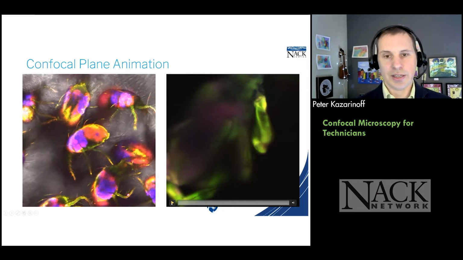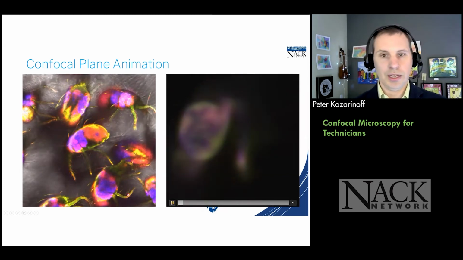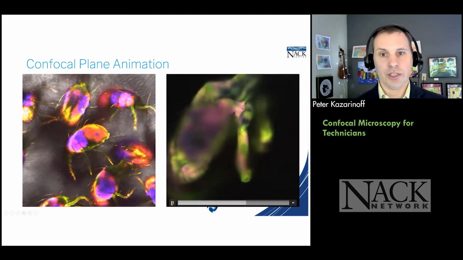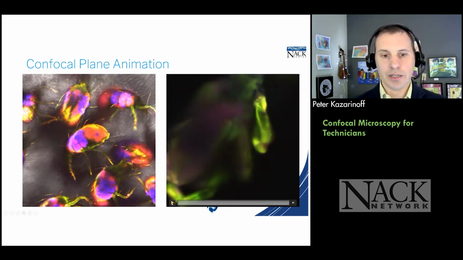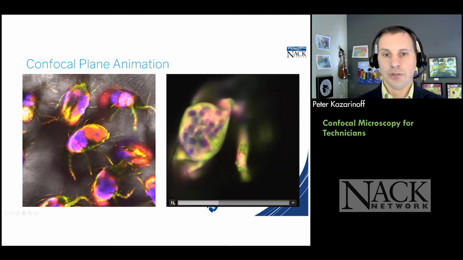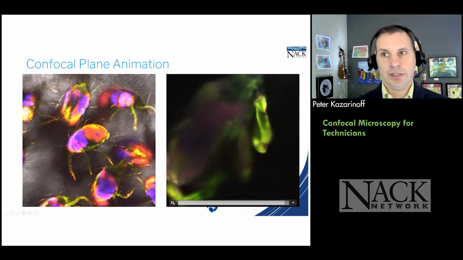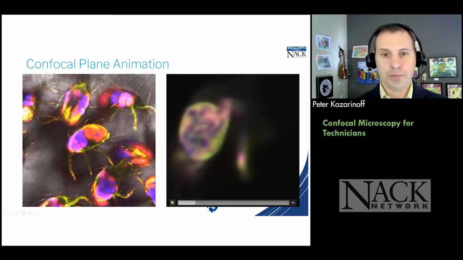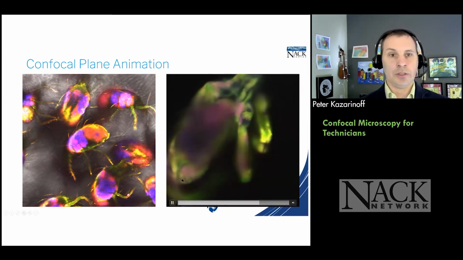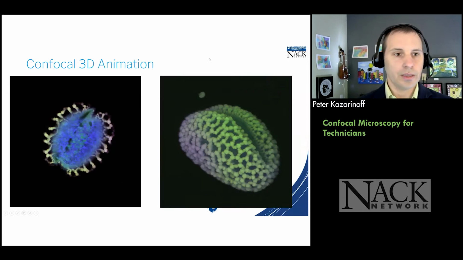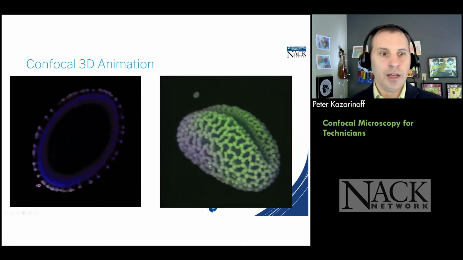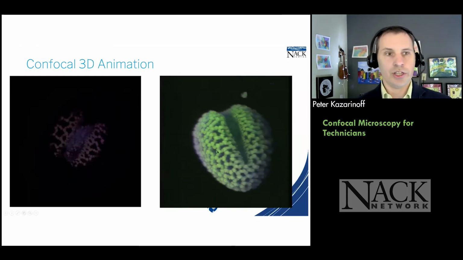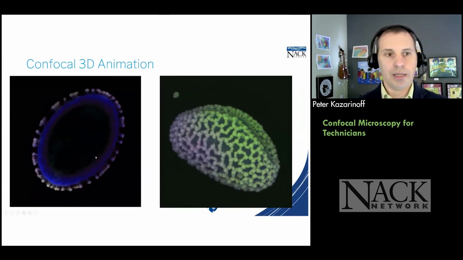On the right-hand side, this image is one of these mites zoomed into a greater magnification. And the different colors that we can see are due to the different detector wavelengths picking up fluorescence from the laser scanning confocal microscope.